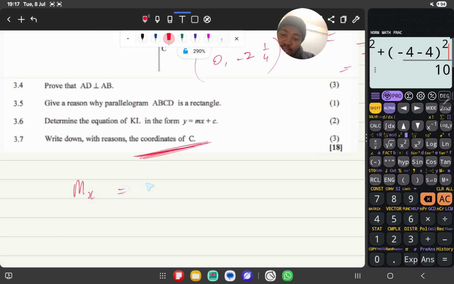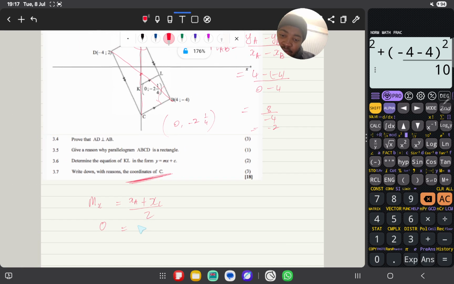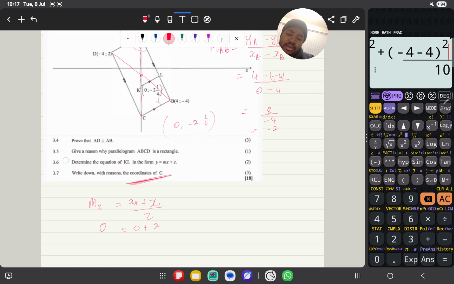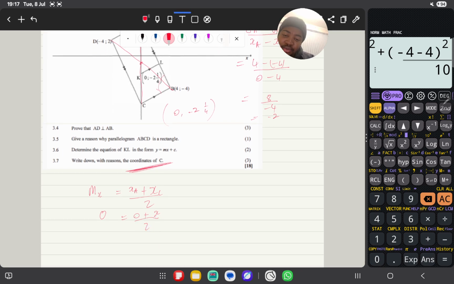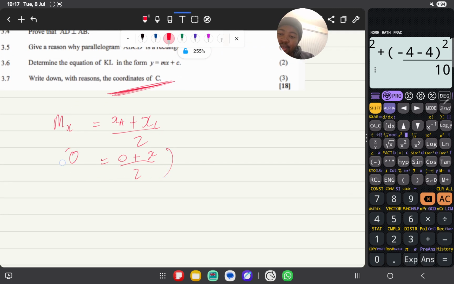So you will say, for example, the midpoint value of x is xA plus xC divided by 2. For x we had 0, and therefore you have xA, which is 0, plus xC, divided by 2. From this, you multiply by 2 all over, and therefore x is going to be 0.